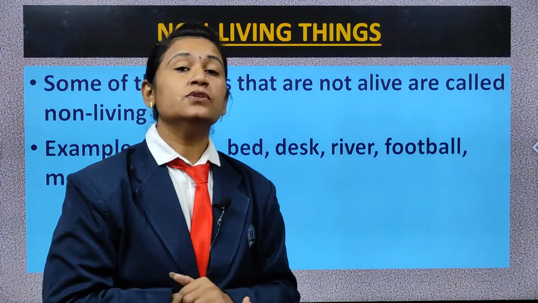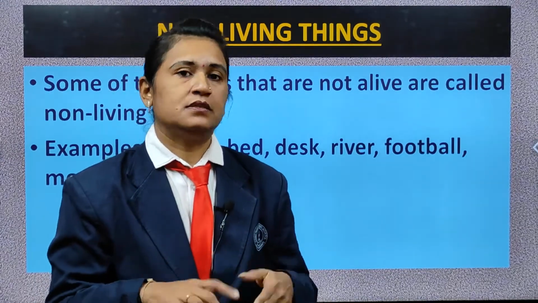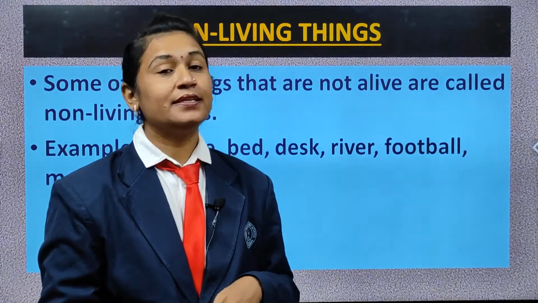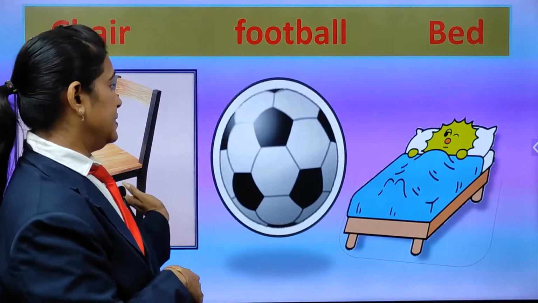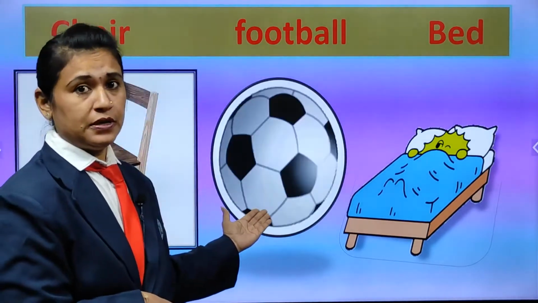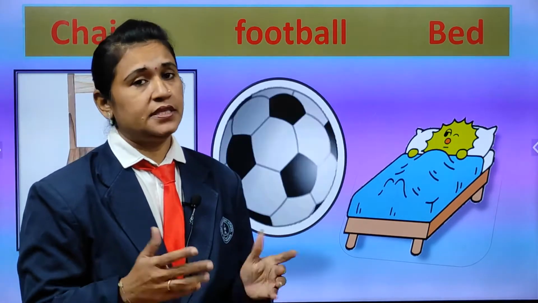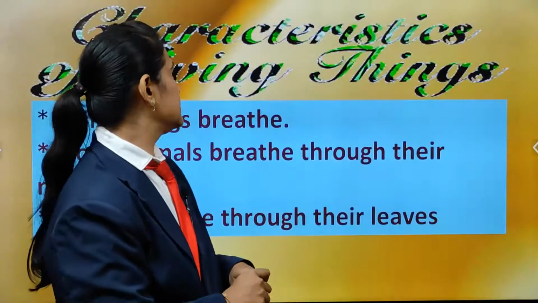These all things are also non-living things. They also do not grow, they do not breathe, they are not alive. So they are called non-living things. What are they called? Non-living things. See, chair, then football, bed. These all things are non-living things. They do not have life. So they are called non-living things.